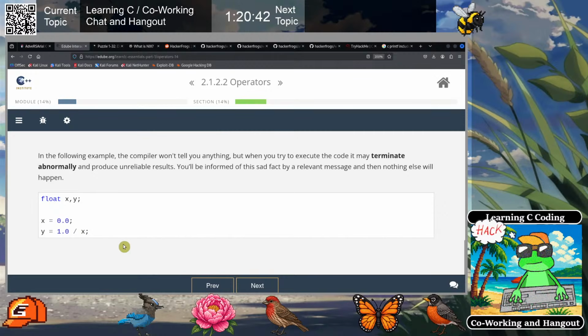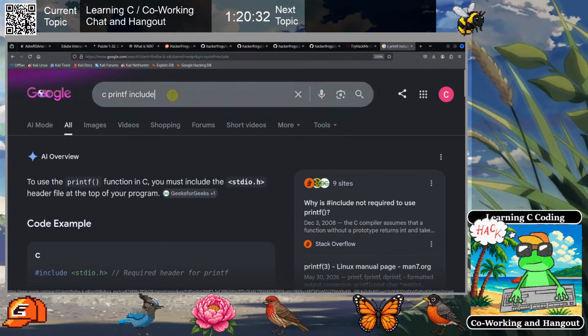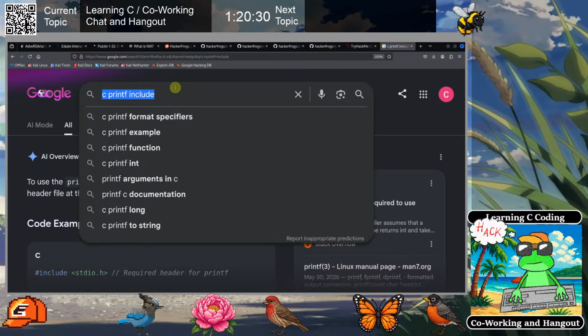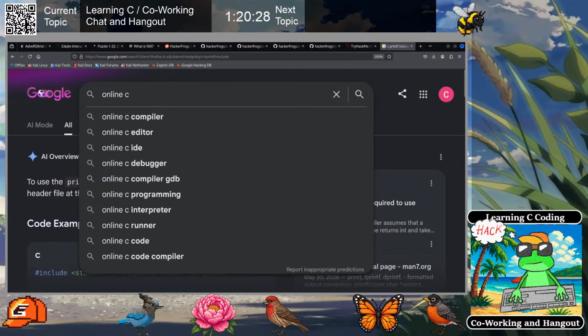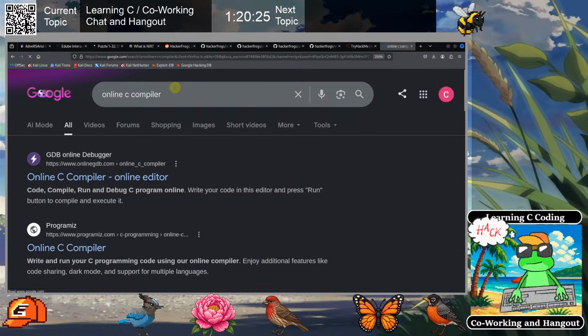Okay, so we can try to run this inside of an online C compiler. We'll see what happens.